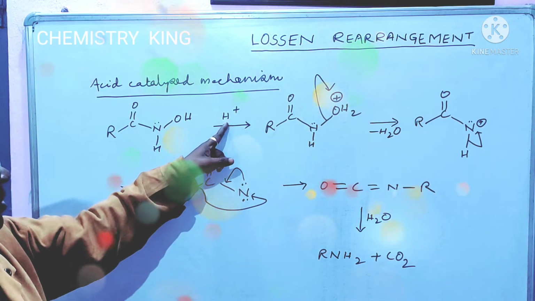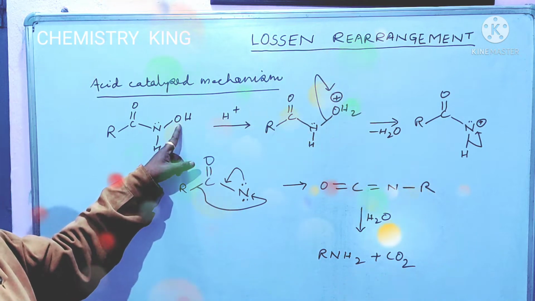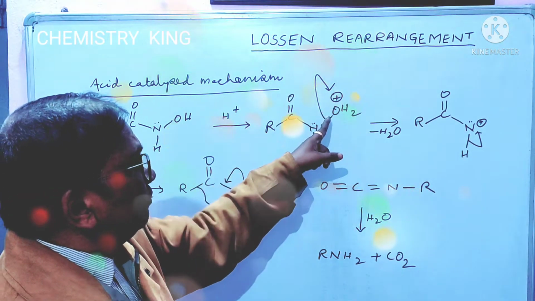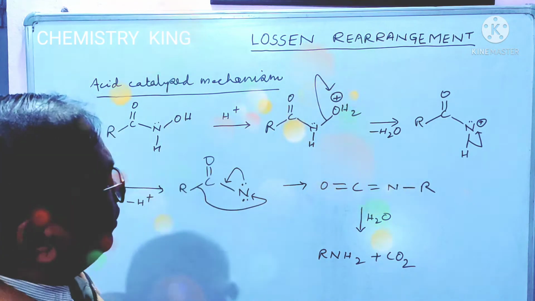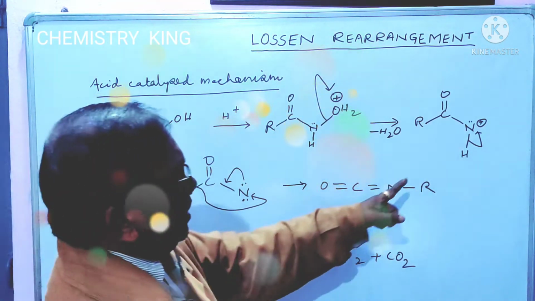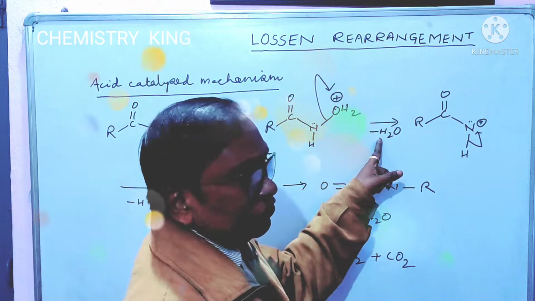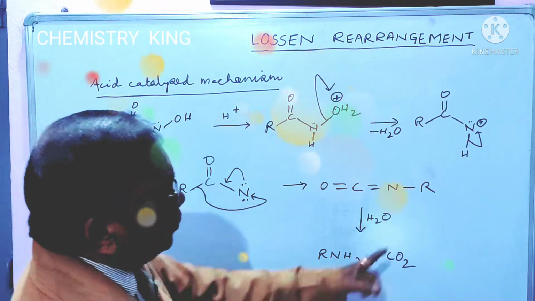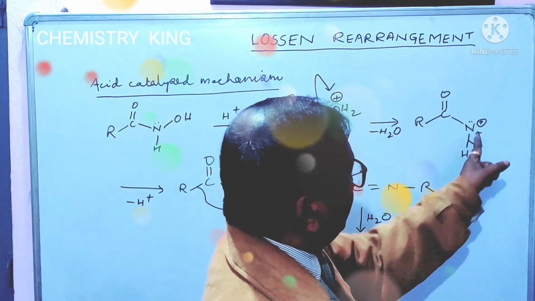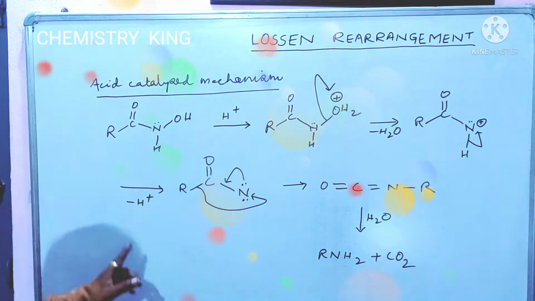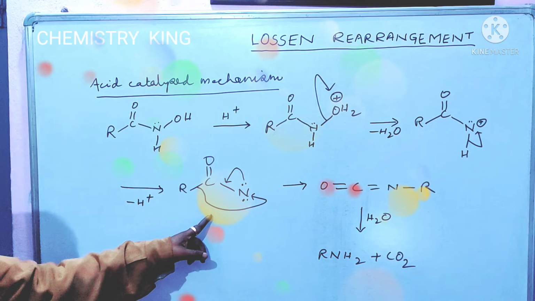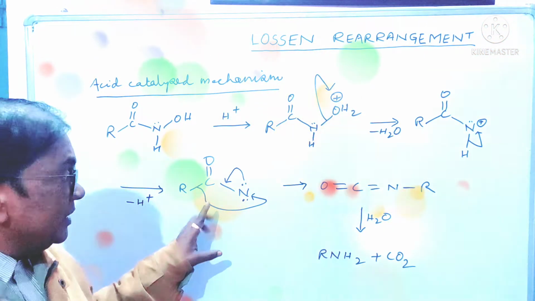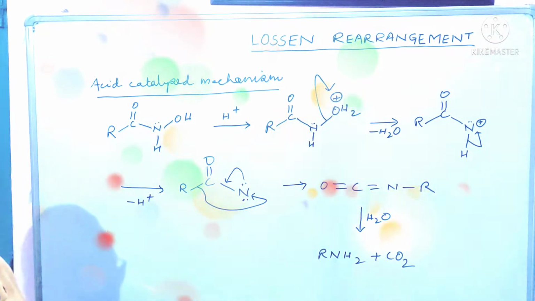In presence of acid, H plus will come here, leading to this oxonium ion. Due to this positive charge, this bond will break in this fashion with the elimination of water, leading to this. Due to this positive charge, this bond will break in this fashion. With the elimination of H plus, you will get this.